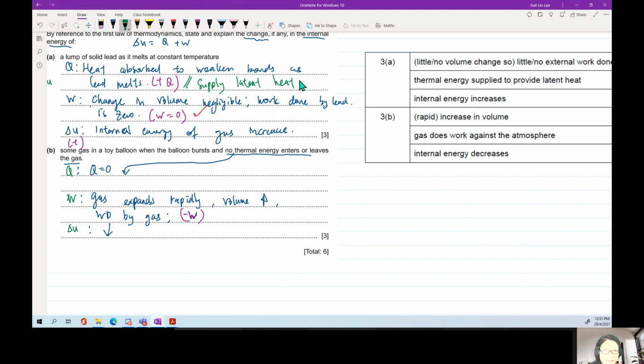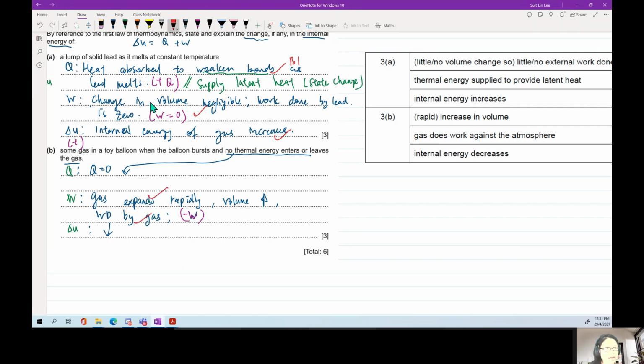Whenever we have latent heat, that is for state change, which has the same meaning as weaken the bonds. So you have to mention why the heat is being absorbed. So this is B1. Internal energy increases. Yay. Rapid increase in volume. Work done by gas.